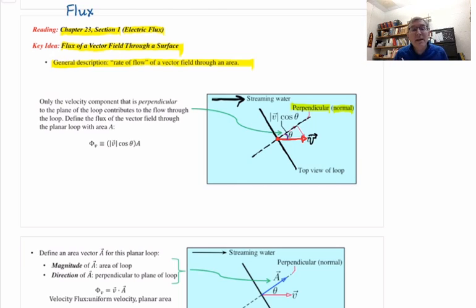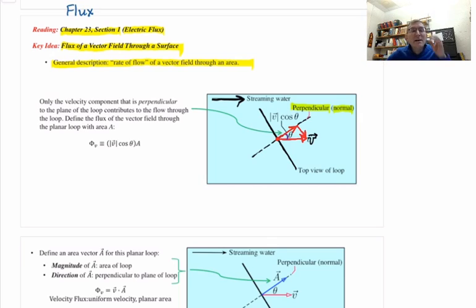Now, once I've done that, I can draw a component triangle for the velocity. I can break it down into two components: one component parallel to the normal direction, and one component perpendicular to the normal direction. So let me draw them. There's the component of the velocity that's parallel to what we call the normal, and there's the component that's perpendicular to the normal.